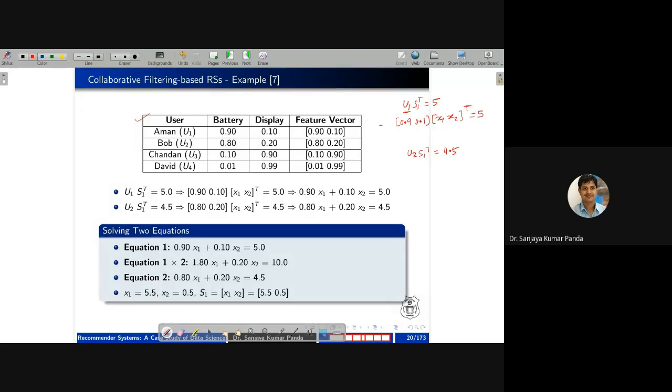If you solve this, you get 0.9 x1 plus 0.1 x2 equal to 5.